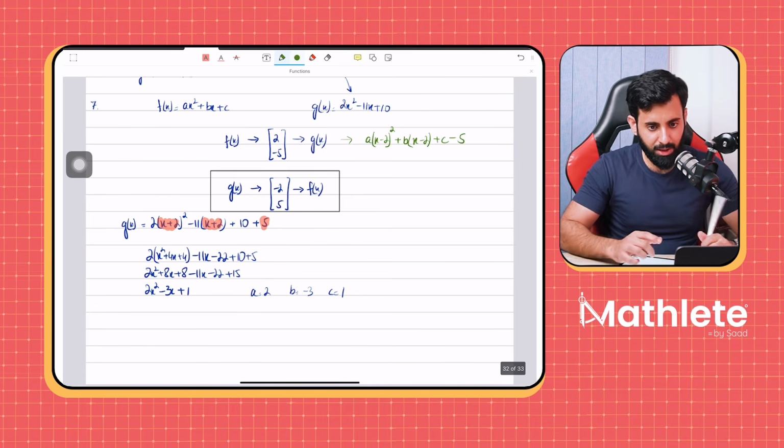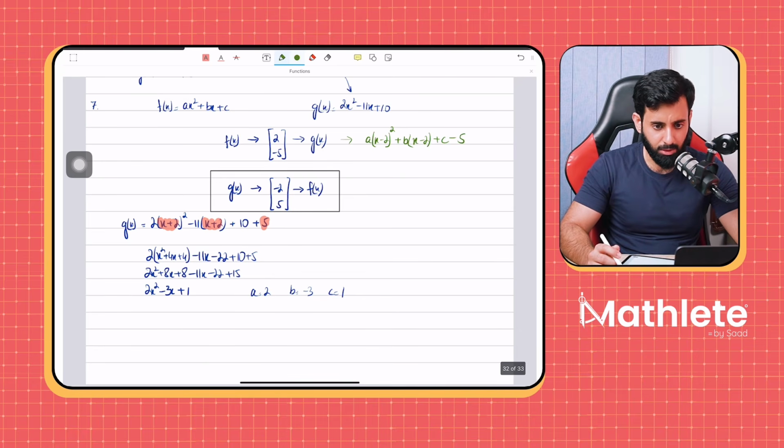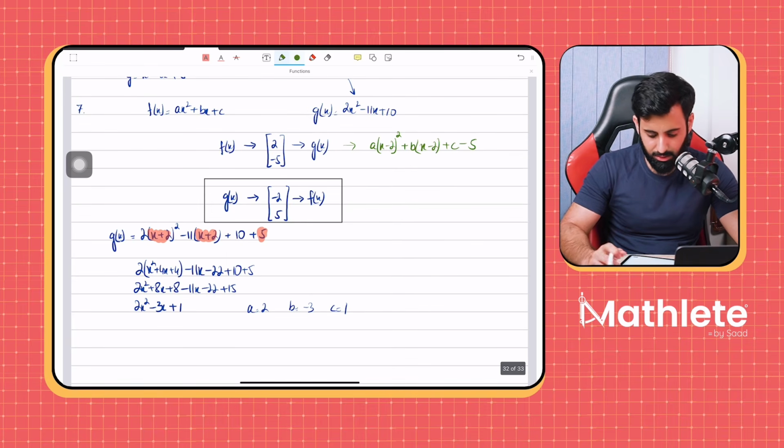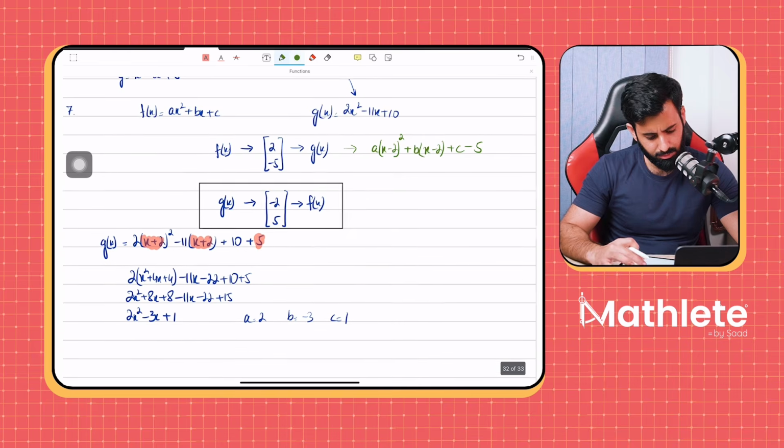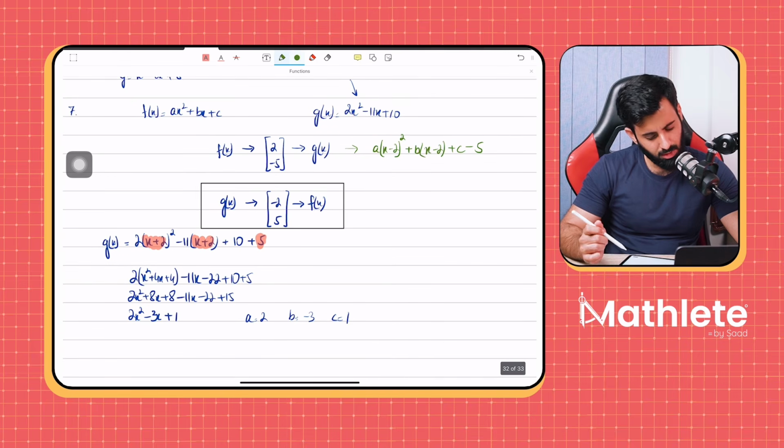And then you will have to expand, and then you will have to compare coefficients. You can totally do that. You will get the correct answer, but it will become lengthy. Now that I think of it, yeah, I think it will be lengthy. Not recommended.